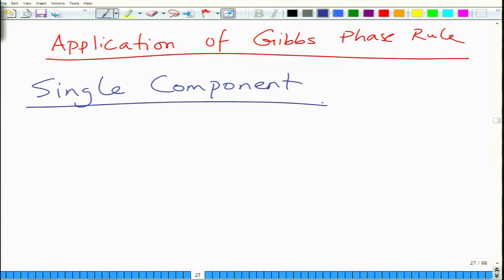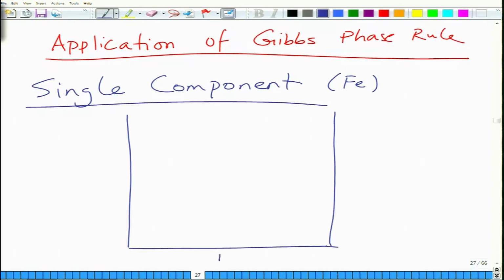For the single component system, we will begin with the iron system. So here we draw the phase diagram as a function of temperature and pressure. So this is temperature, this is pressure. So the phase diagram is something like this.